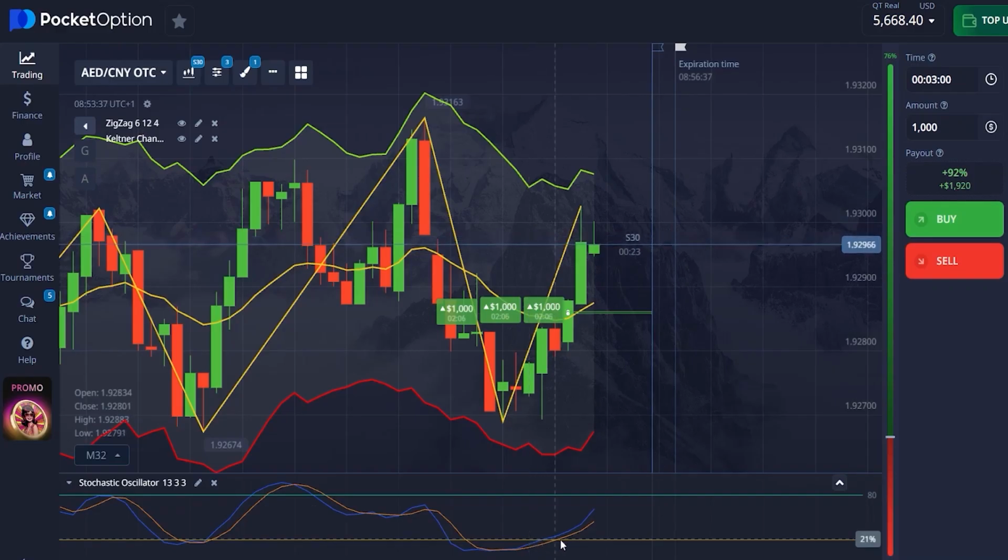I also make use of my Stochastic Oscillator to also find a directional move in the market.